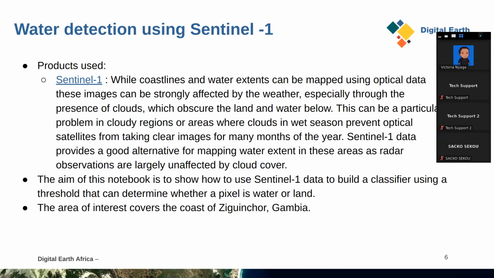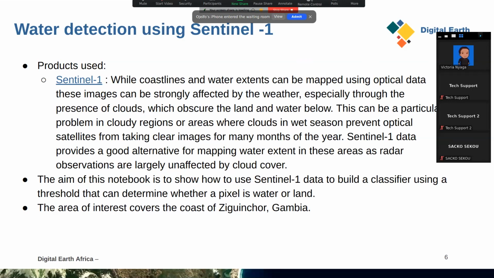Now, the case for radar is made because although coastlines and water extents can be mapped using optical data, these images can be strongly affected by weather, especially through the presence of clouds, which can create unclear images, which are not suitable to be used in mapping water extent.